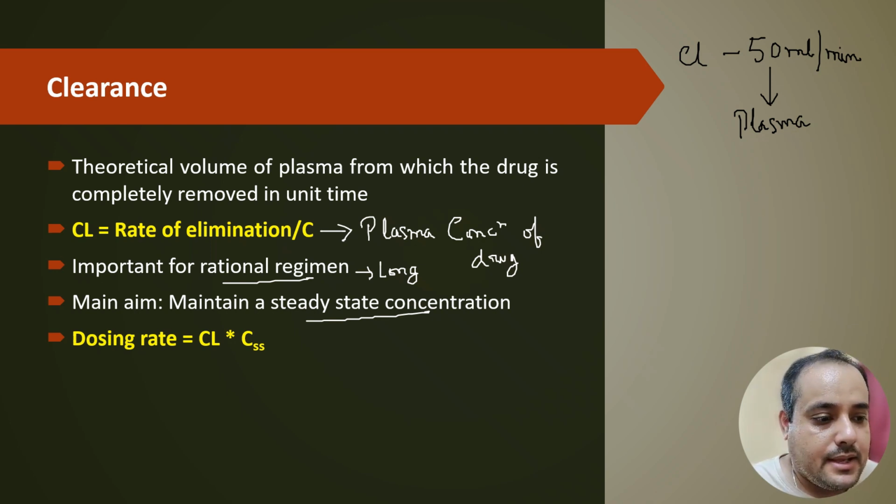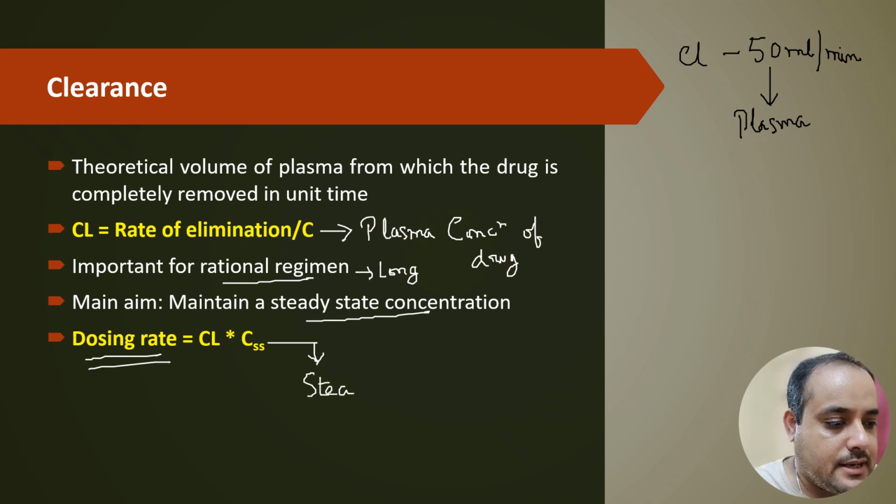Now this steady state plasma concentration is again very important because the dosing rate of the drug is given by clearance multiplied by CSS. CSS stands for the steady state plasma concentration of the drug.